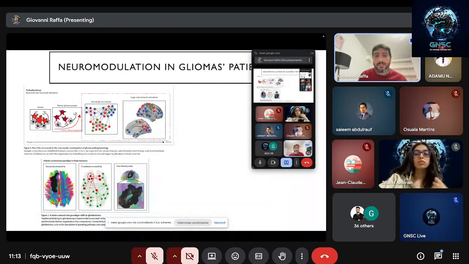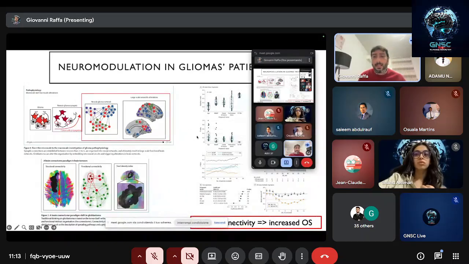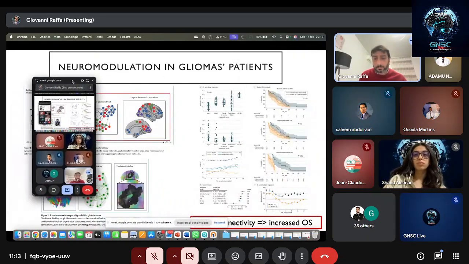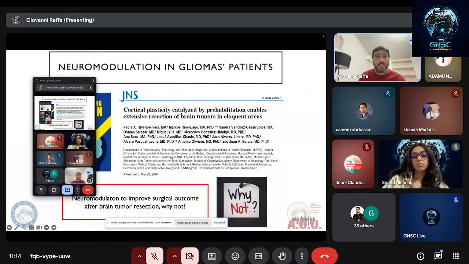So this paper found that, as I told you before, a low connectivity around the lesion is associated with an increased overall survival. This is a very important piece of information. So we decided to try to exploit these new results using our NTMS to modify the connectivity around the tumor in our patients.